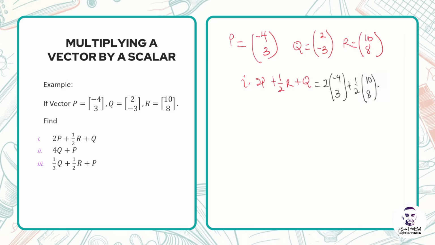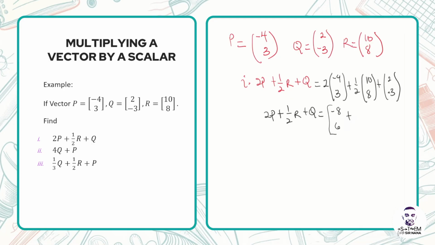And then we also have plus q, and we know our q is (2, -3). So 2p plus half r plus q should be equal to 2 multiplied by the top part, that will give us -8, 2 times -4. Then 2 multiplied by 3 should give us 6, right?